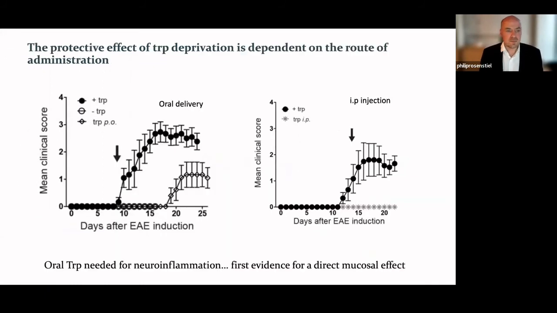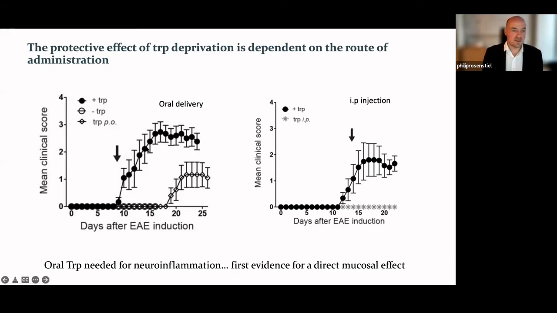And the next experiment was again asking, is it necessary that we have an oral delivery of the tryptophan? Because if any microbes contribute to that, then an IP or an intravenous injection of the tryptophan would overcome the deficient situation, but the intestinal microbes would not see the amino acid. So that exactly was the case here.